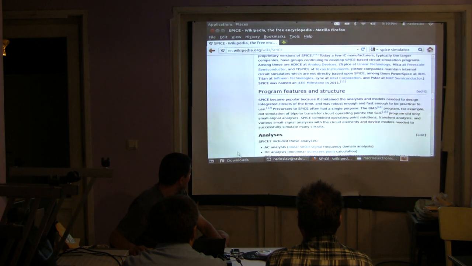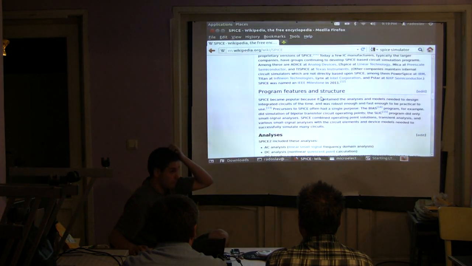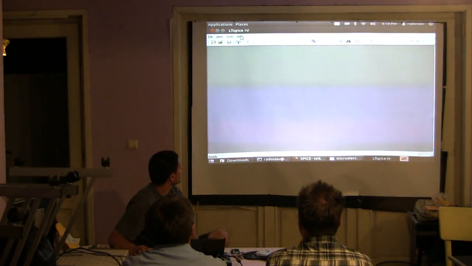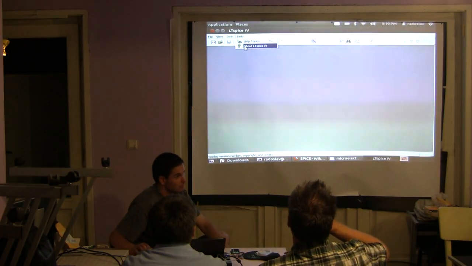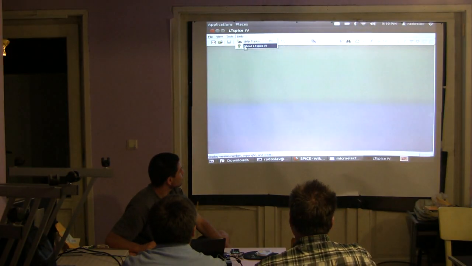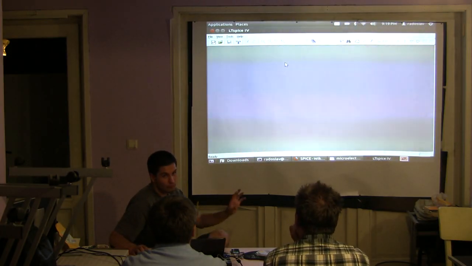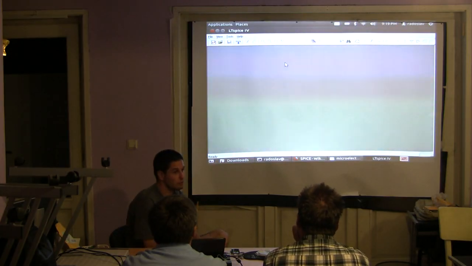I'm using it in Wine because there's no Linux version, but the people from Linear Technology claim to have optimized LTspice for Wine also, so it will work in Linux using Wine.